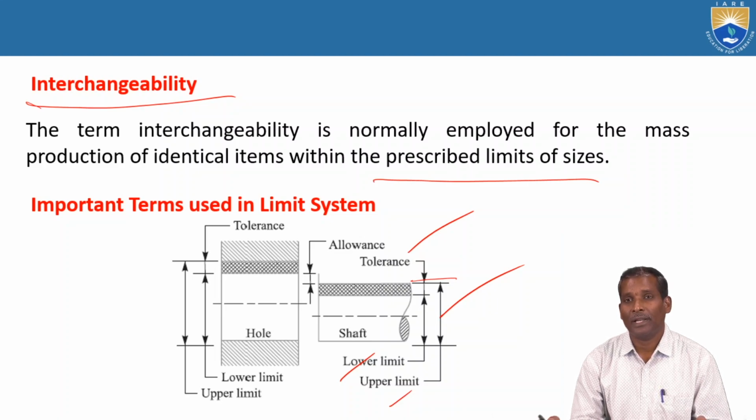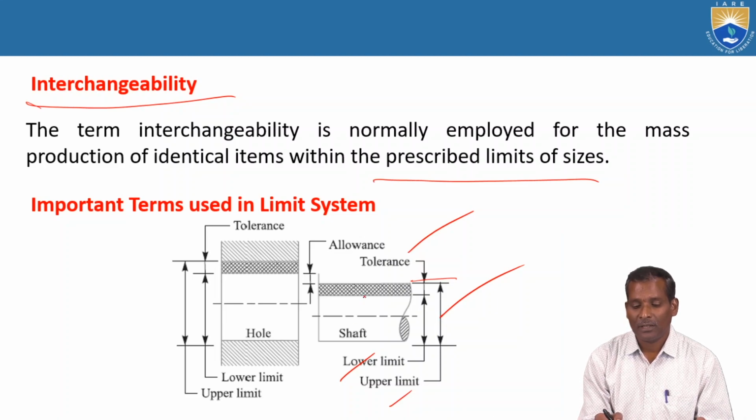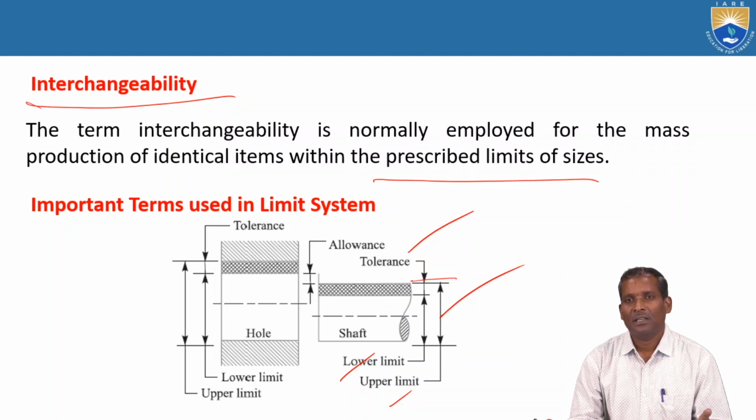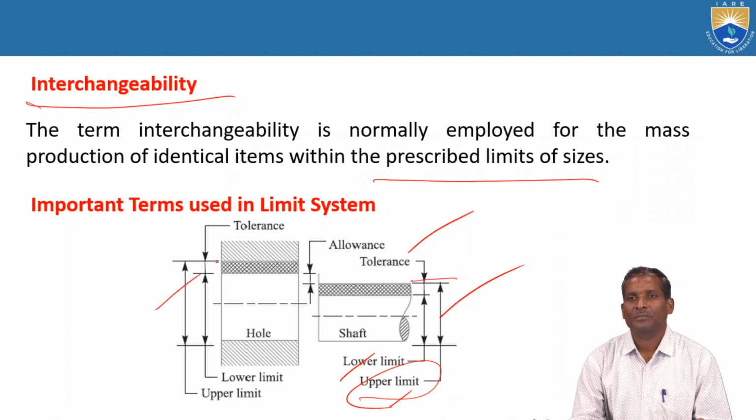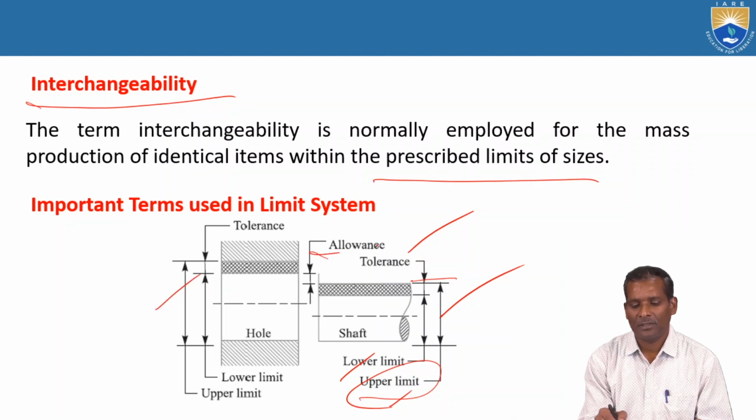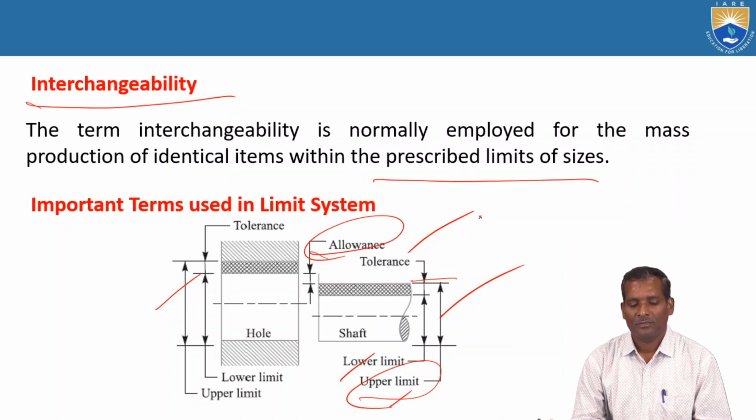Allowance means the upper limit of the shaft diameter minus the inner diameter of the hole. The difference between the upper limit of the shaft and the inner diameter of the hole is called allowance. Shaft tolerance is the difference between the upper limit and lower limit.